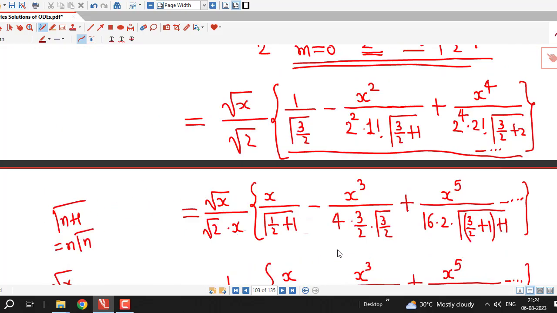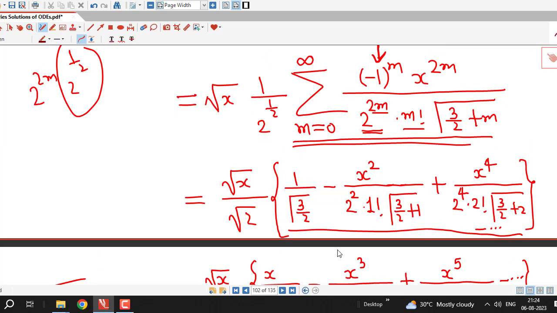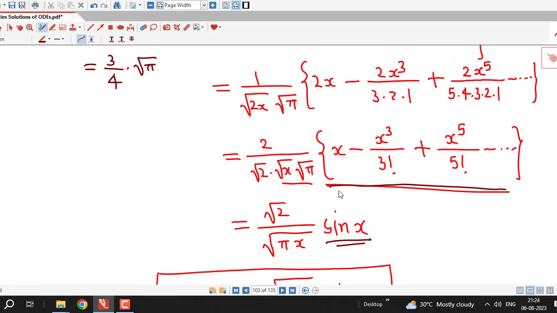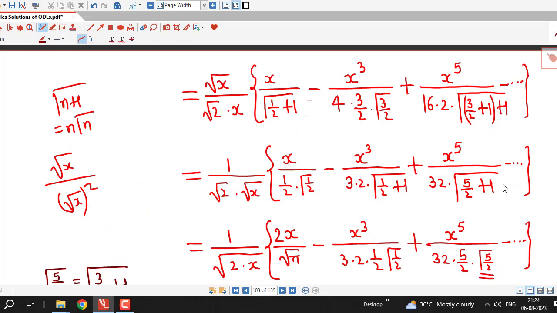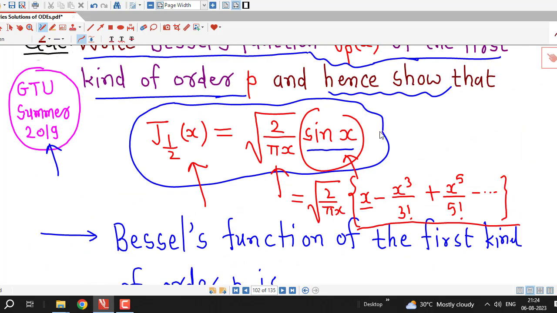So this is very interesting question, and here we are just rewriting and rearranging the terms of this summation so that we are able to obtain the Maclaurin series of sin x, and we are able to derive this formula for Bessel's function of order 1 by 2.